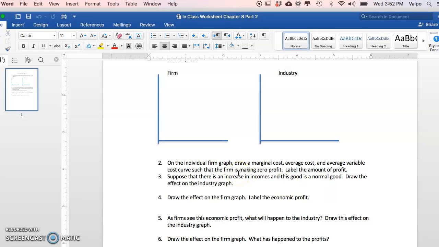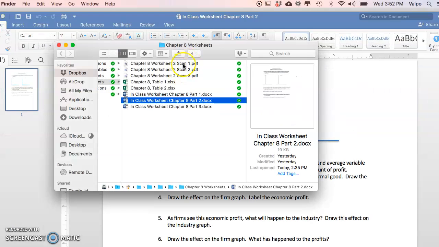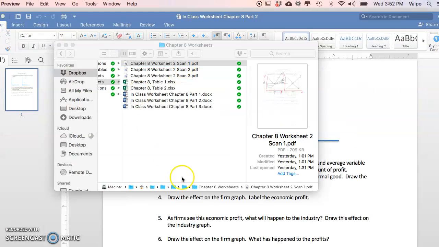Now, recall that profit is equal to quantity times price minus average total cost. So the average total cost has to be at its minimum, touching the demand curve.